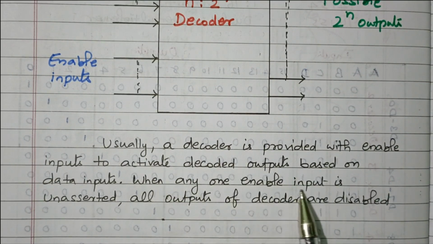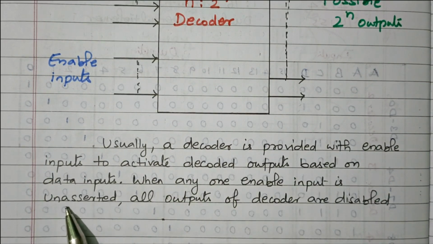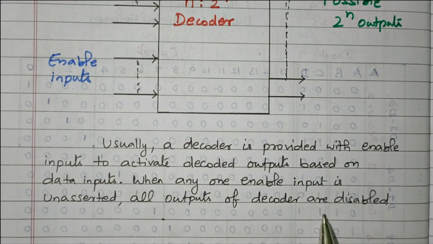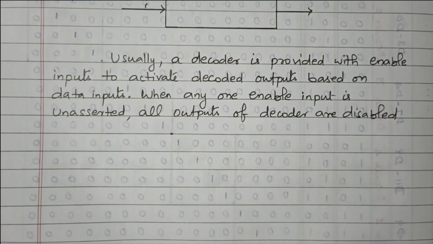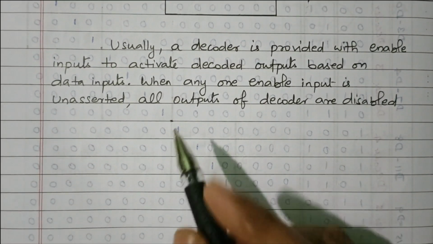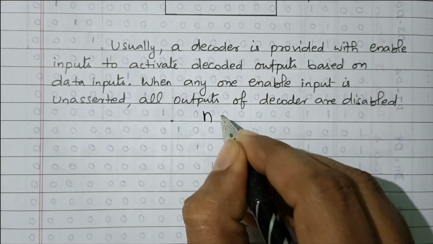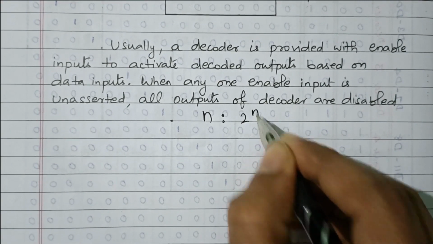When the enable input is not asserted, all the outputs of the decoder are disabled. In order to enable or disable, we are using the enable input. If the enable input is not there, you will not get any output. So we have n inputs, 2 to the power n outputs.